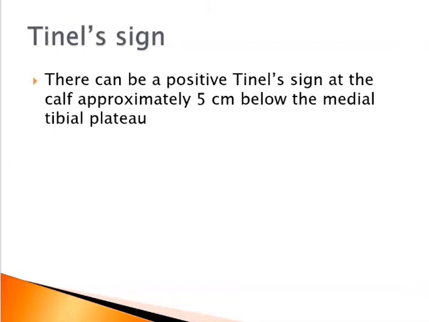Tinel sign. There can be positive Tinel sign, that is on percussion, pain is elicited at the calf approximately 5 centimeters below the medial tibial plateau, that is upper surface of tibia.